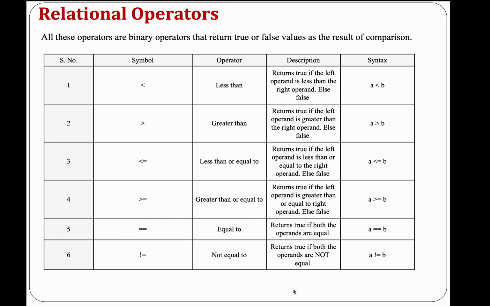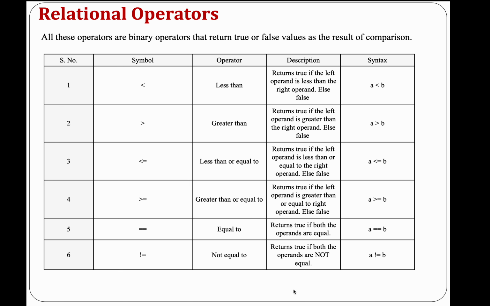Today we are going to discuss a topic called relational operators, which is the second type of operator. As we discussed in the previous lecture, we have covered arithmetic operators. Relational operators are binary operators, which means you have to use two operands and one operator.